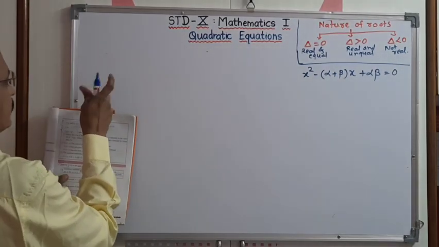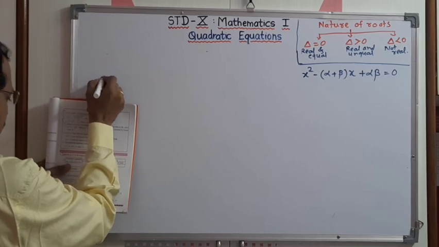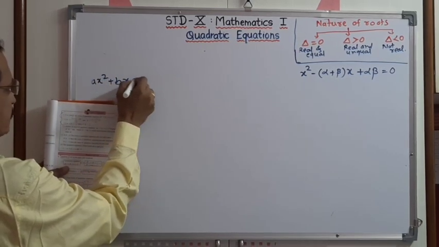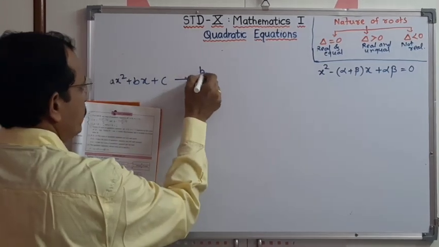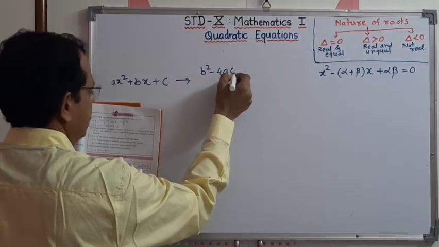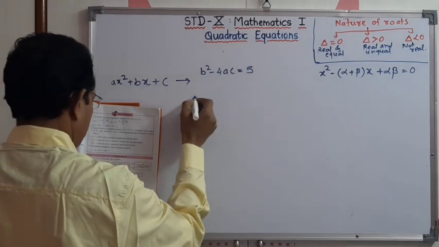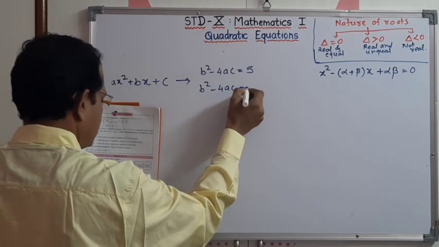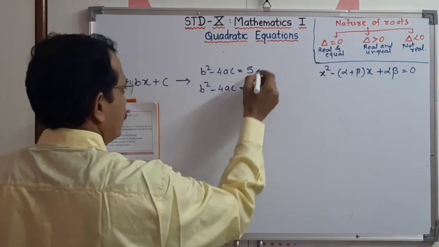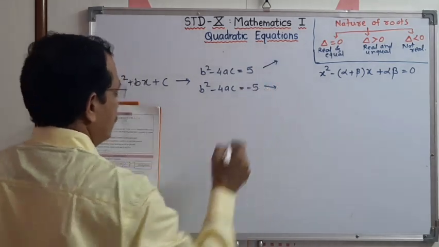First one is ax square plus bx plus c, and here the value of b square minus 4ac is given, it is 5, and another value of b square minus 4ac is minus 5, and we have to write the nature of the roots.